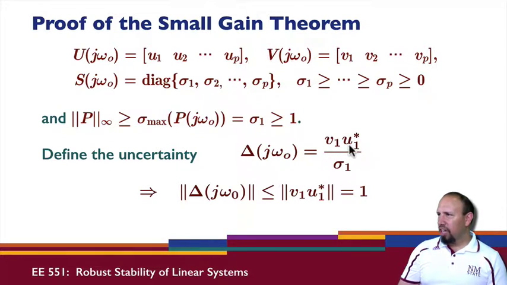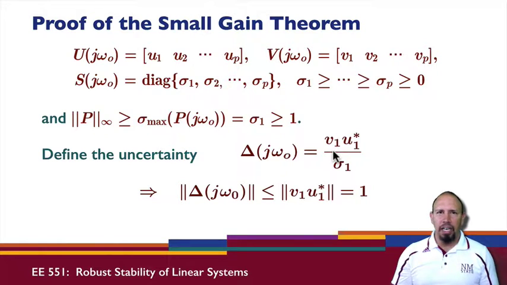Okay, so this is an uncertainty matrix of proper dimensions, and notice that this is just a constant. Okay, so this is just a constant matrix. It's not a transfer function per se. We can make a transfer function out of it, but there's no reason to.